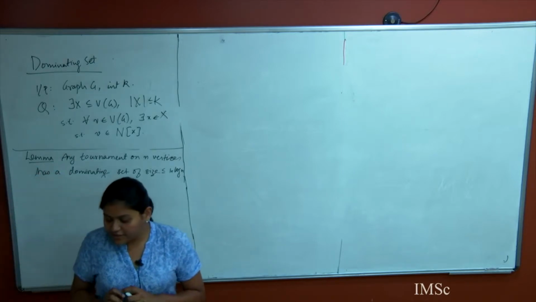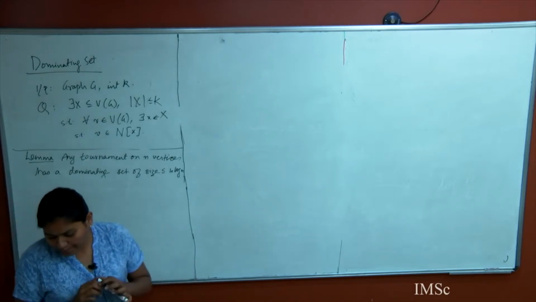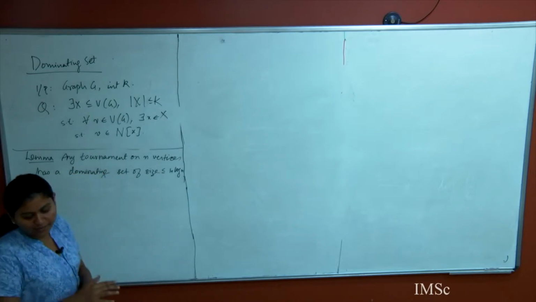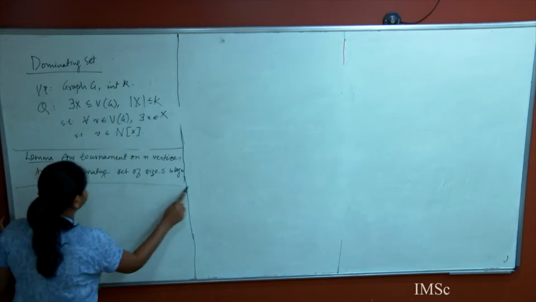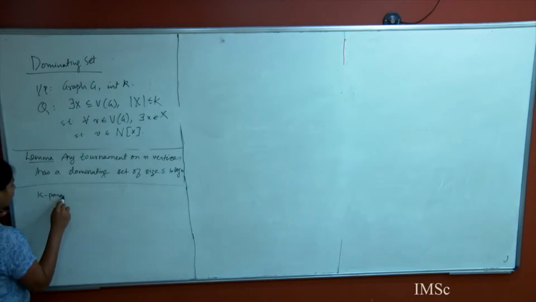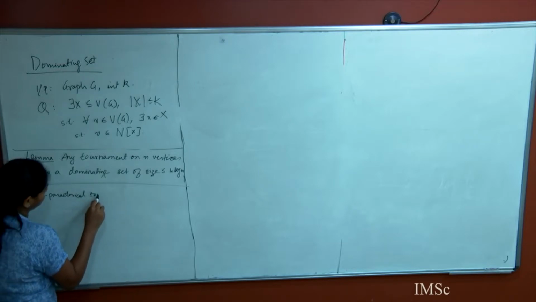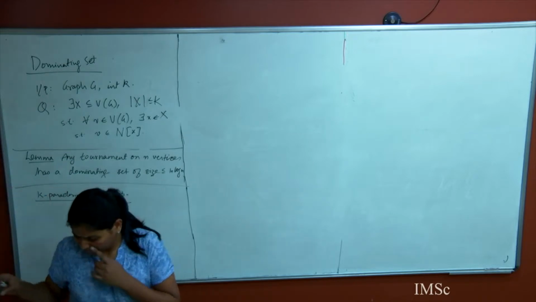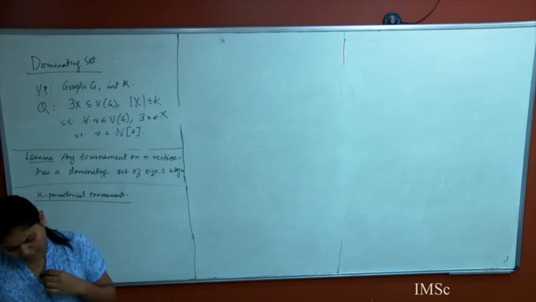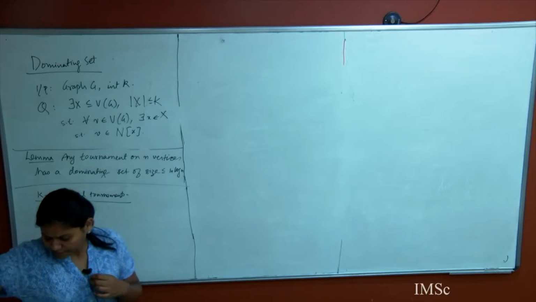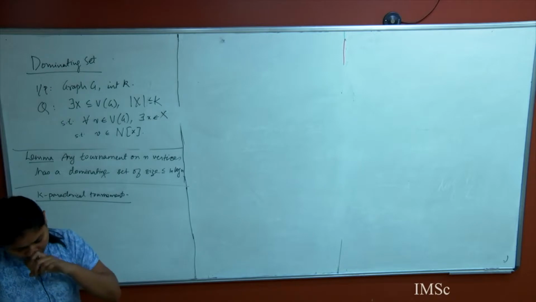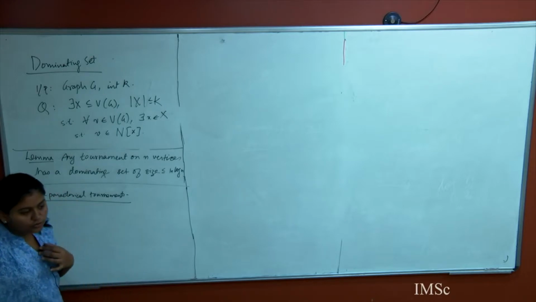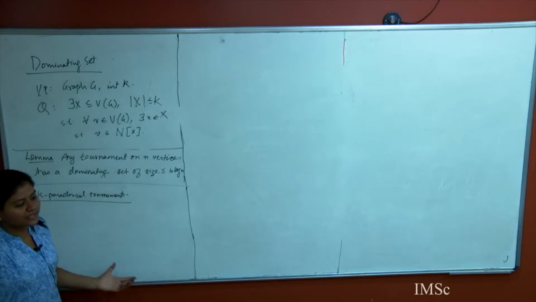Okay. There is also an object called paradoxical tournaments, which will be quite useful. Let's see what they are. Basically, k-paradoxical tournaments are those which do not admit dominating sets of size k.